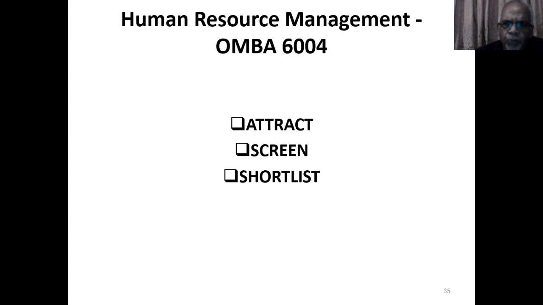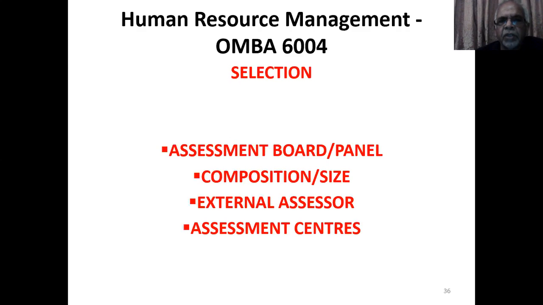So the recruitment process is basically to attract, to screen and shortlist candidates, whereas the selection is to make a choice. Now, how do we go about making a choice? First, the organization should set up what we call an assessment board or a selection panel, and ensure that the right or qualified people are in the assessment board or selection panel.